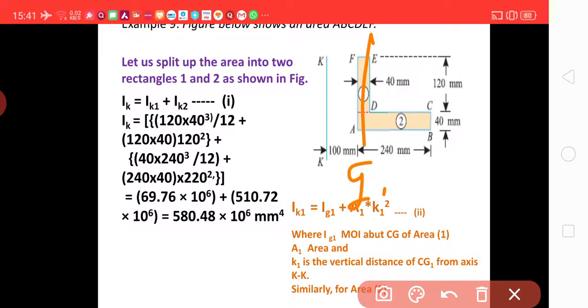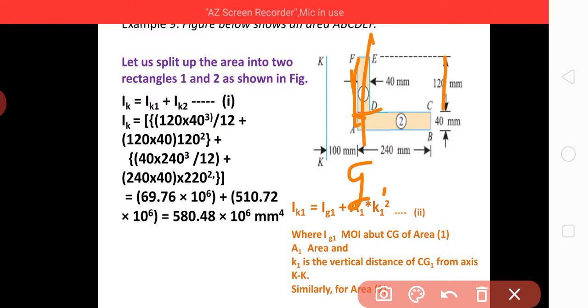How much will be? This is the axis, so bd cube by 12. Here 120 is the total length from here to here. 120 is given here, into 40 cube.